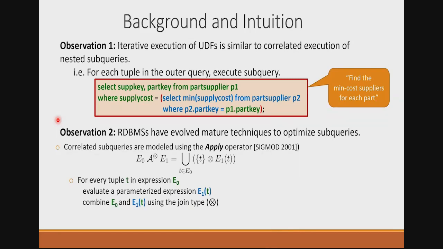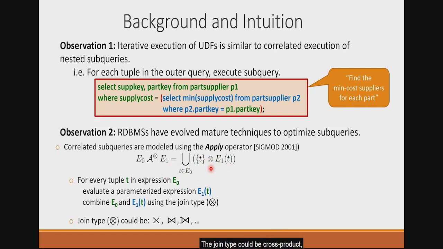Essentially, for every tuple t in the expression E0, which is the outer query, which is why I've highlighted it in green, we evaluate the parameterized expression E1, which is the subquery, shown in blue, parameterized by t. Then we combine E0 and E1 of t using a join type, shown using this symbol.